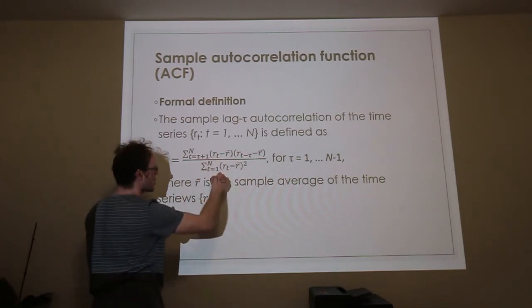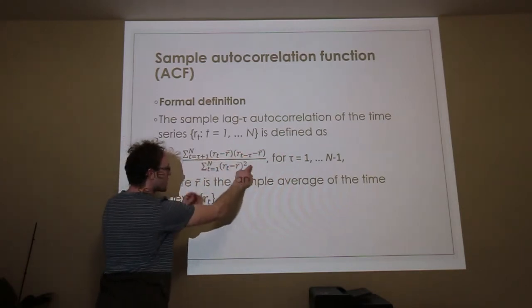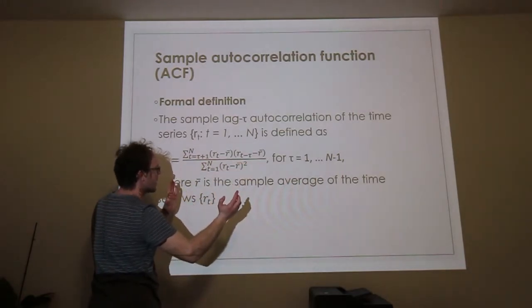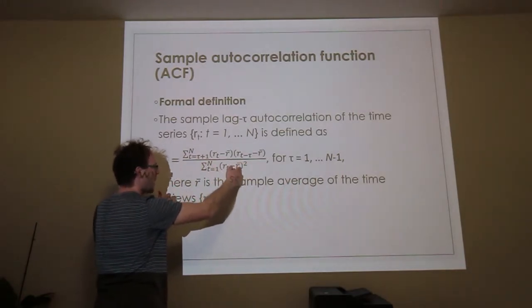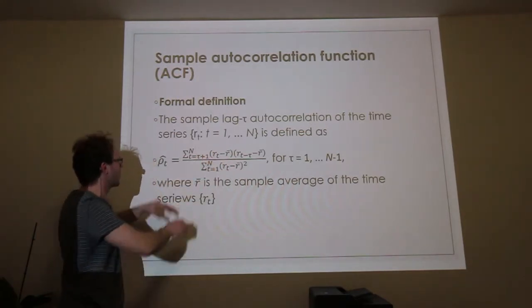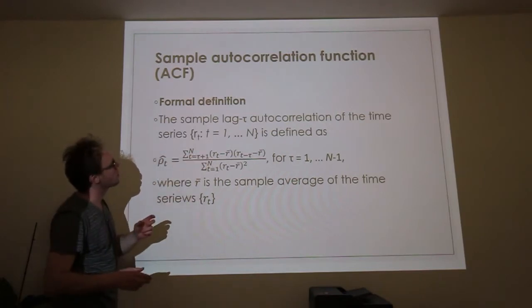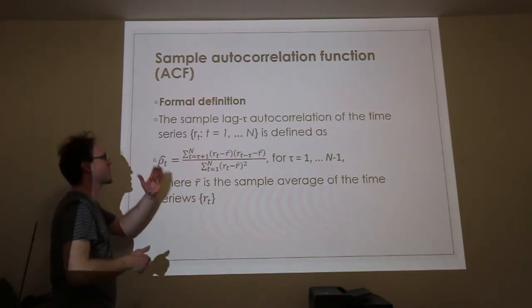And in the denominator, there is a summation of the squared differences between log returns and the arithmetic mean of log returns. So this is a formal definition for the calculation of the sample autocorrelation coefficient.